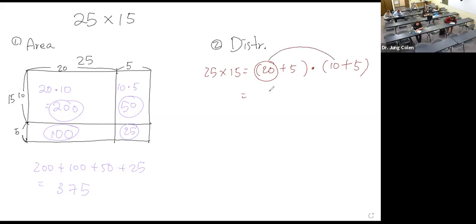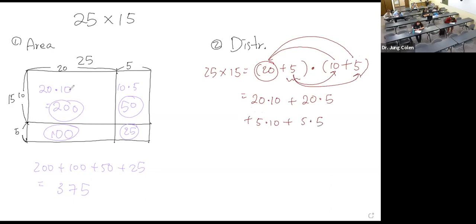So you can do 20 times 10, and 20 times 5. So we are done with distributing 20, and then we still have 5, so distribute 5 to 10, 5 times 10, and distribute 5 to 5, and you get 5 times 5. That's exactly the same as what we have in the partial products there. So the total should be 375. So we can see the comparison there too.